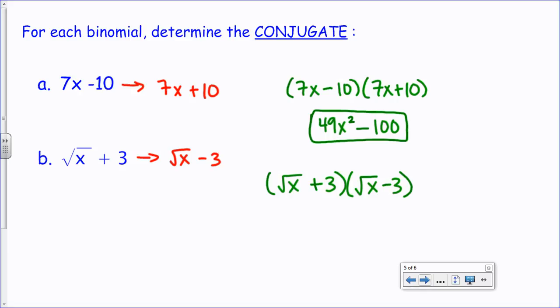Okay, I want to multiply those together. Since they're conjugates, I can use a squared minus b squared. So what's square root of x squared? x. What is 3 squared? 9. And then minus.